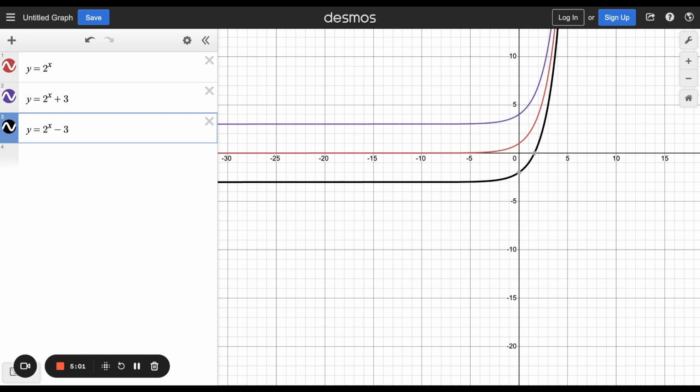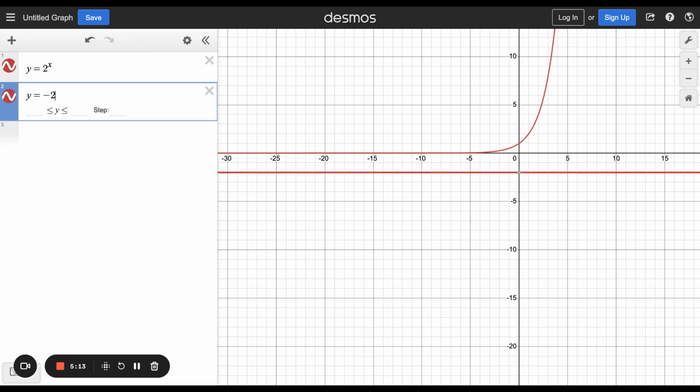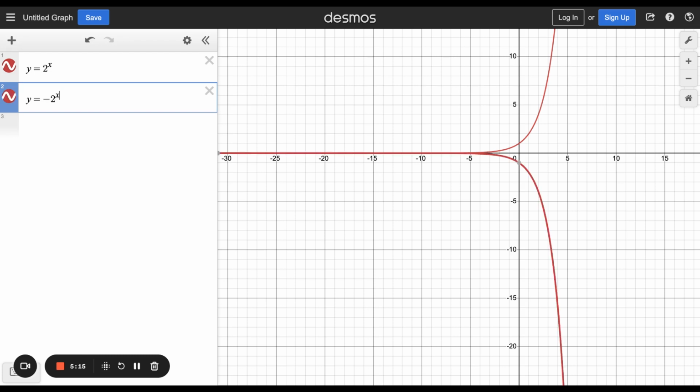All right, guys, so we covered vertical shift. Now let's take a look at reflection across the x-axis and reflection across the y-axis. All I'm going to do is make this a negative 2 to the power of x. As you can see, it's the same curve, but this time it is as if there is a mirror that made it reflect towards the negative region of the xy plane.